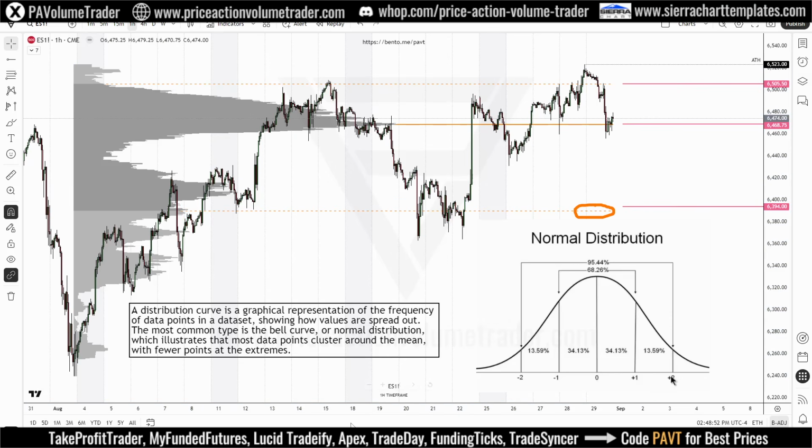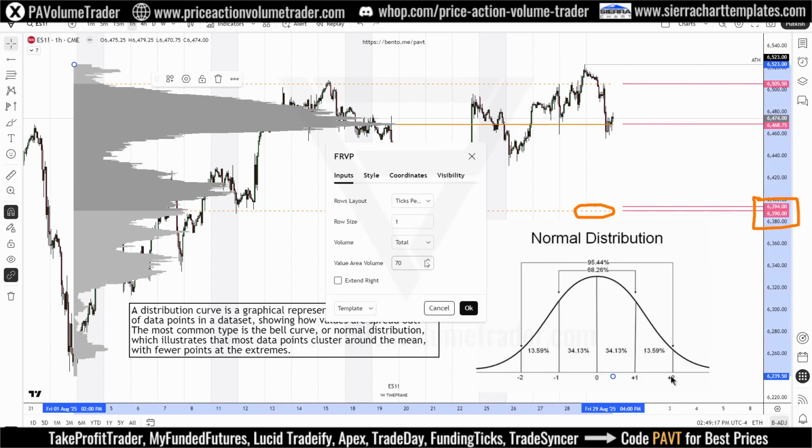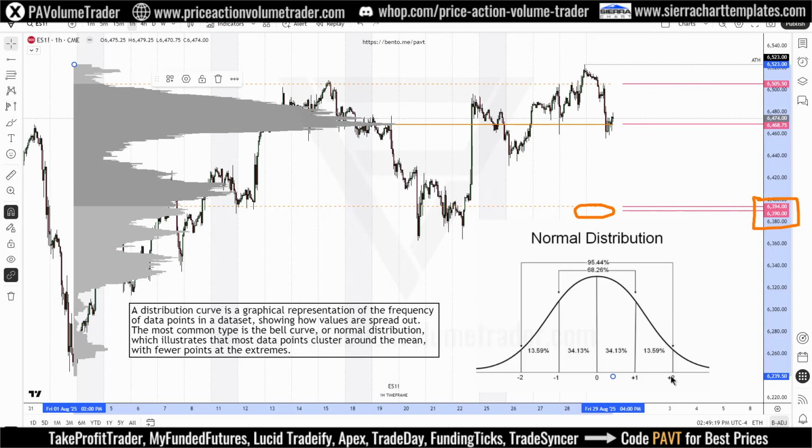And you can see the difference was literally 4 points between 68 and 70. From 63.94, it went down to 63.90 when I went into 70%. If I go back to 68, you can see that we're back again at 63.94 value area low.